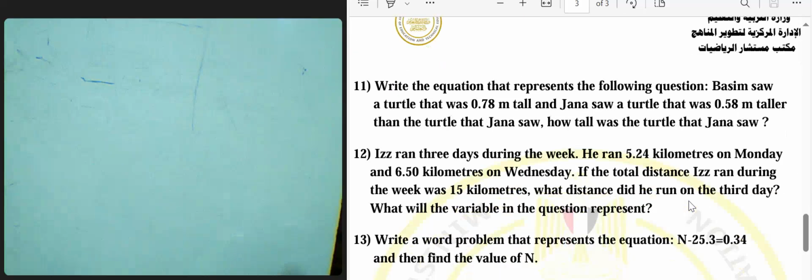Next question, number 11. Write the equation that represents the following equation. Basim saw a turtle that was 0.78 meter tall, and Jana saw a turtle that was 0.58 meter taller than the turtle that Basim saw.